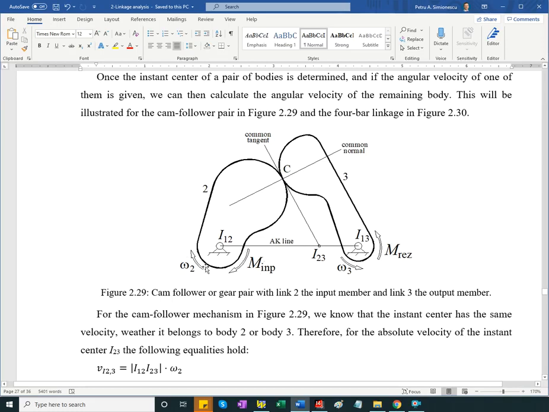The input moment has the direction of input velocity. The resisting moment opposes motion. So you can see that. Oh, I need to flip this. Sorry. So I'm going to redo or change this figure and flip the resisting moment.